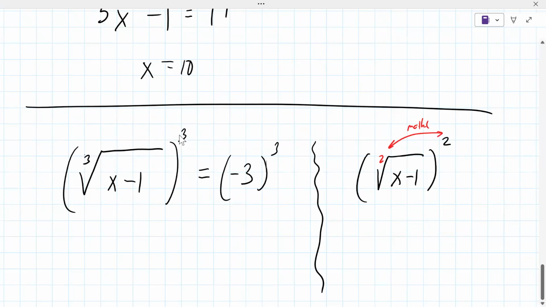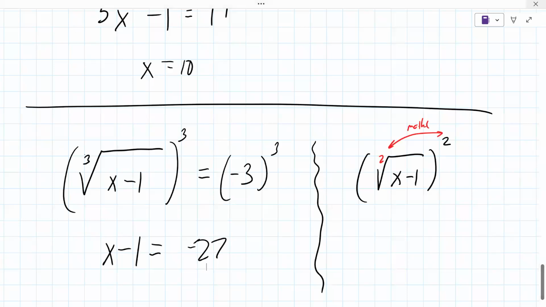So this becomes x minus 1 equals, what is -3 times -3 times -3? 27. Try again. It's -3 times -3 times -3. Negative 27. Yes, there you go. There's the difference.